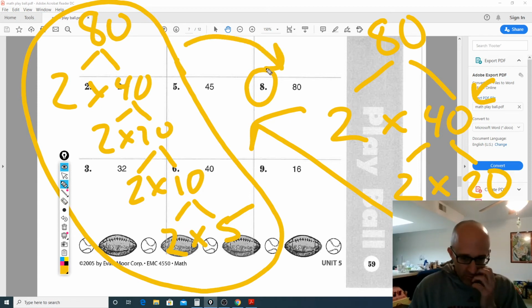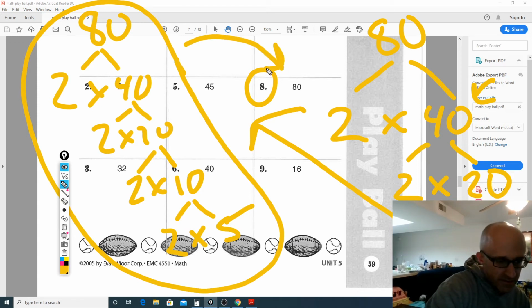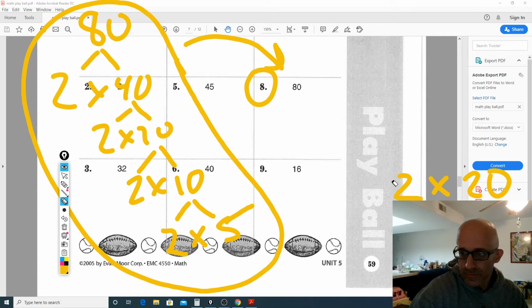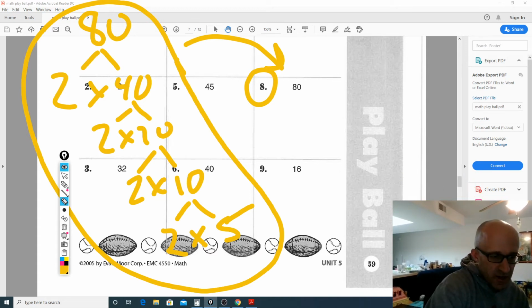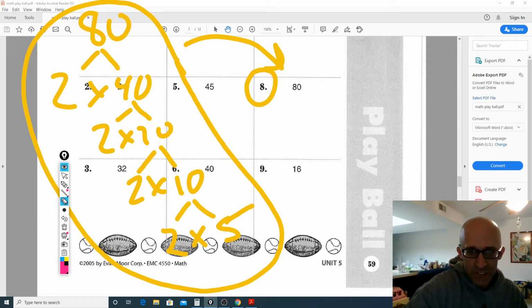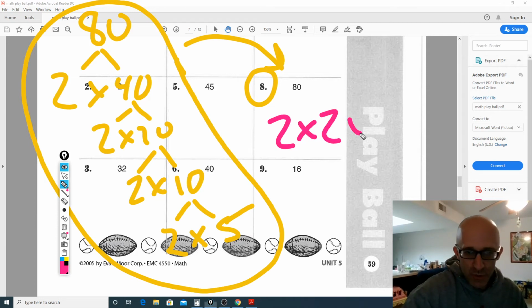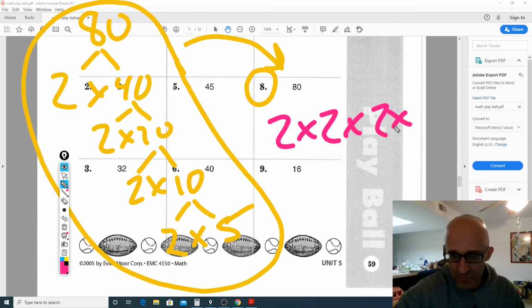Now, if we want to take this up a notch, let me get rid of some of this on this right side. Technically the prime factorization is 2 times 2 times 2 times 2 times 5.